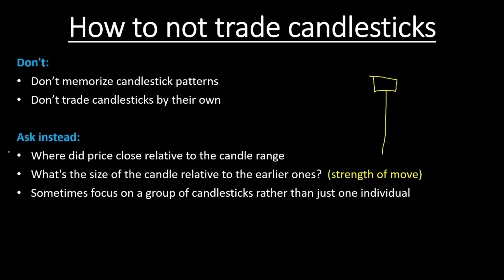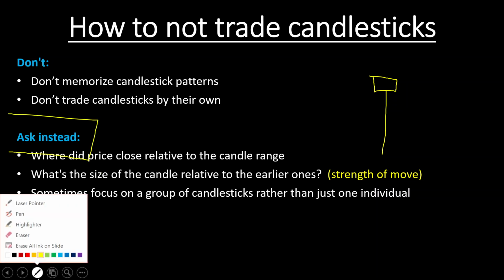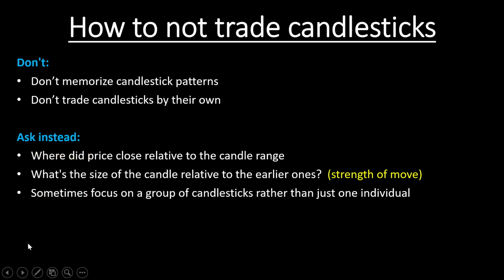So then what should you do? Ask instead, where did price close relative to the candle range? So what that means is, let's say you have a candle like this.